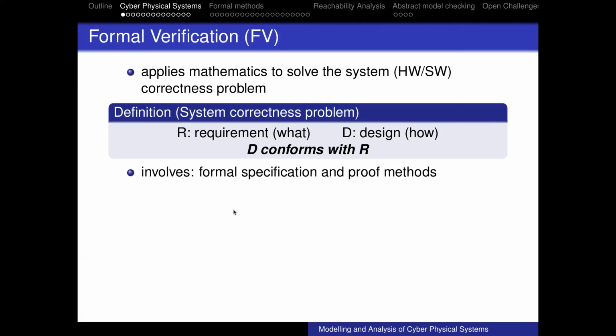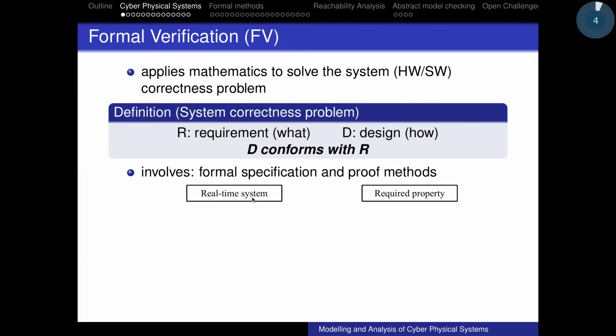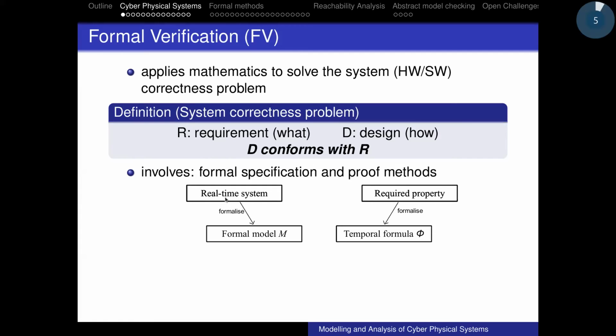Generally, formal verification involves formal specification and then proof methods. For instance, if there is a real-time IoT system and a required property on that system, we formalize the system as a formal model M, and we formalize the required property as a formula phi. Using proof methods we establish whether the model M possesses property phi. If yes, then we have evidence.